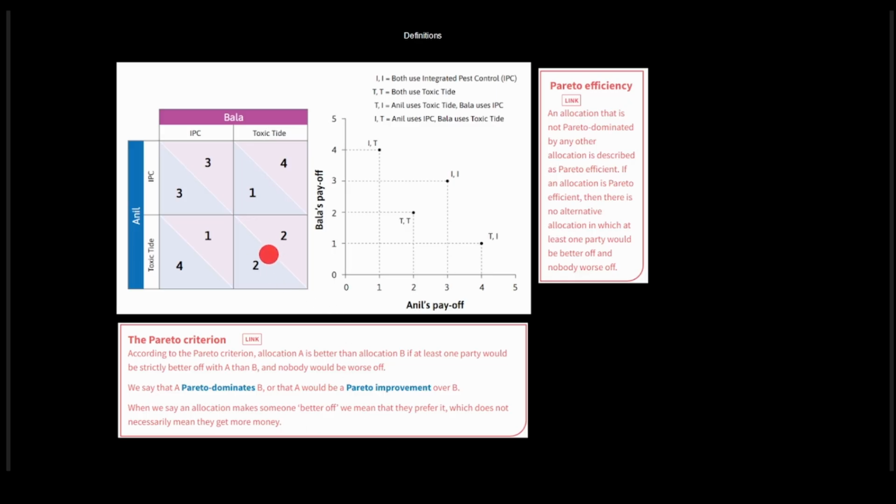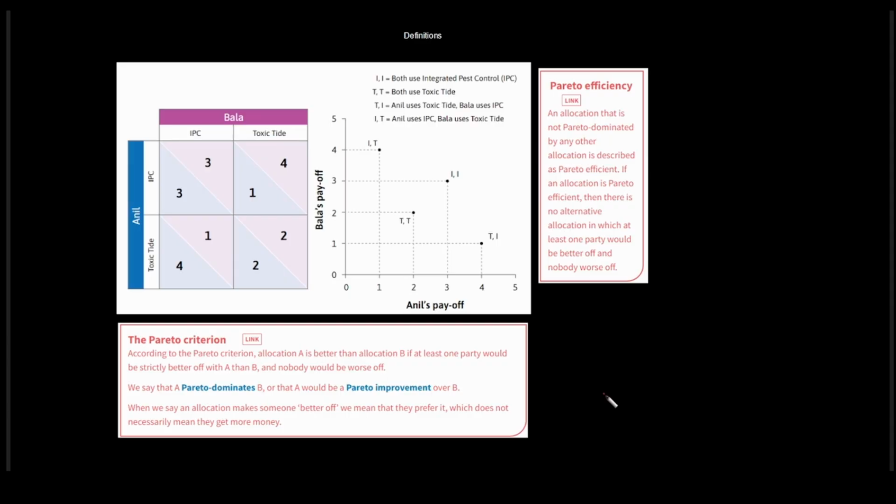That would be this outcome here, TT, 2, 2, or IT, that's Bala choosing IPC and Anil choosing toxic tide. Sorry, other way around. There we go, and that would be IT. And on and on. So we have 4 different payoffs listed because we have 4 different payoffs in our matrix.